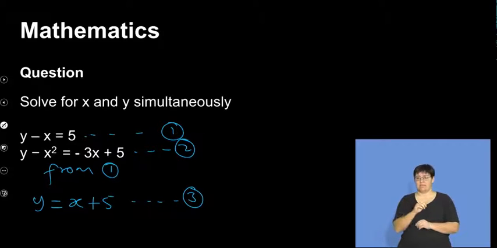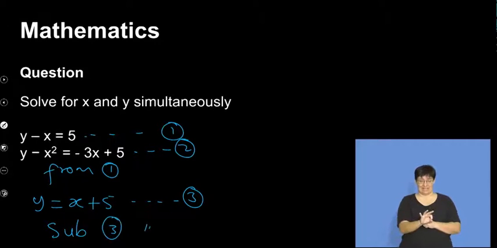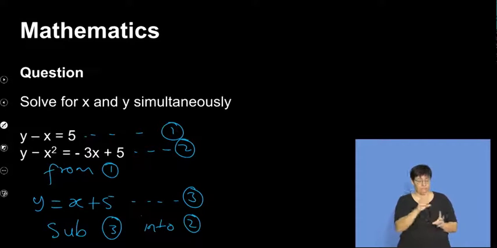And then the beauty of it comes in when you substitute equation 3 into the equation that we did not use, which is equation 2. If you substitute this into equation 1, I promise you, you're going to get 0 equals 0, which will defeat the purpose of what you're trying to do. So just don't even attempt that.